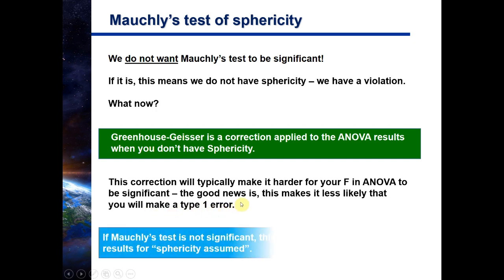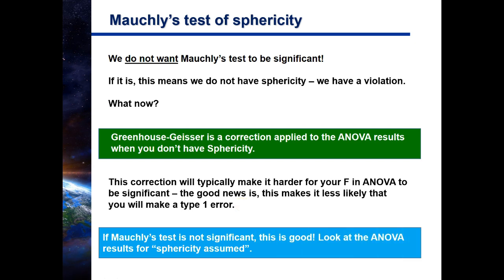All right. So if Mauchly's test is not significant, this is good. Look at the ANOVA for sphericity assumed. Oh gosh, I am so sorry.